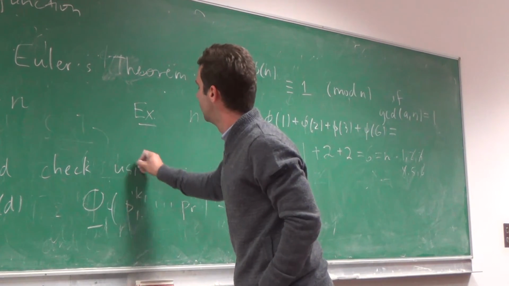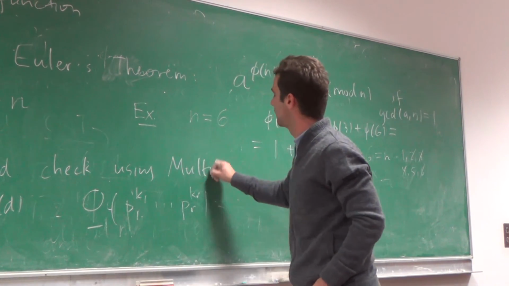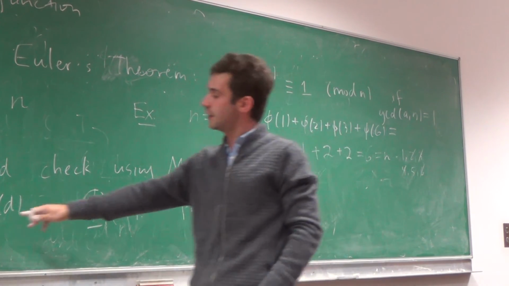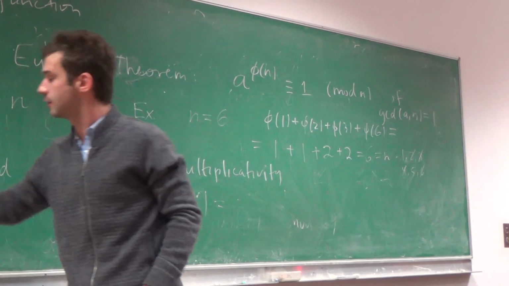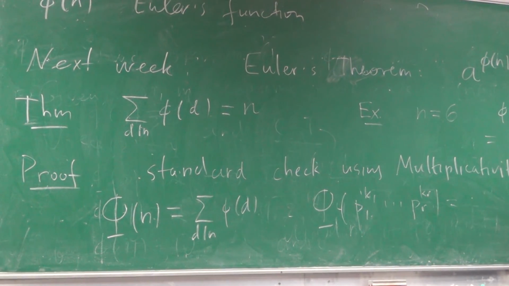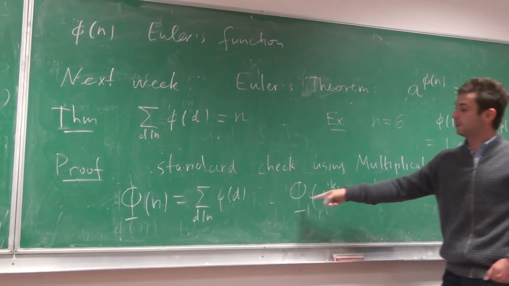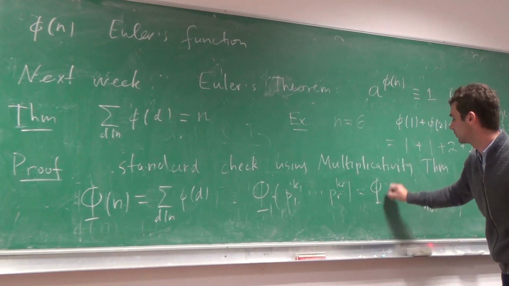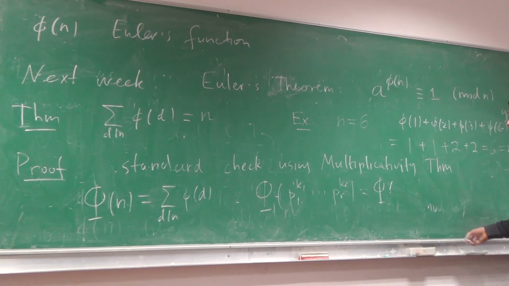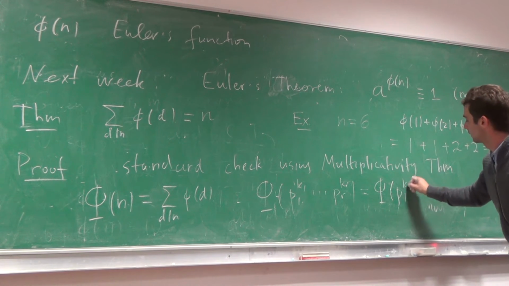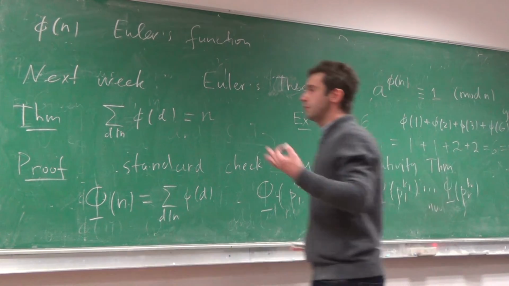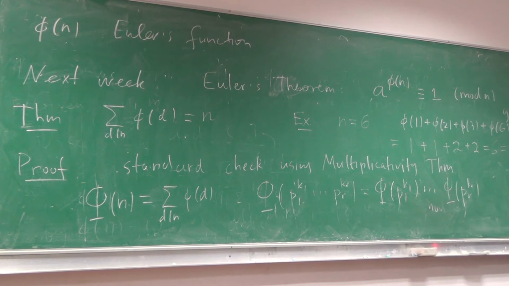So using the multiplicativity theorem, this is the key. Namely, what we just checked is that this function is multiplicative, therefore this is multiplicative. So phi capital is multiplicative by the multiplicativity theorem, therefore we can split its values into individual prime factors. Okay, and therefore what I have to concentrate on is each of those prime factors.